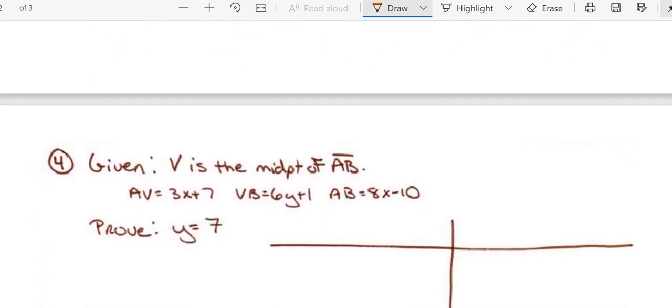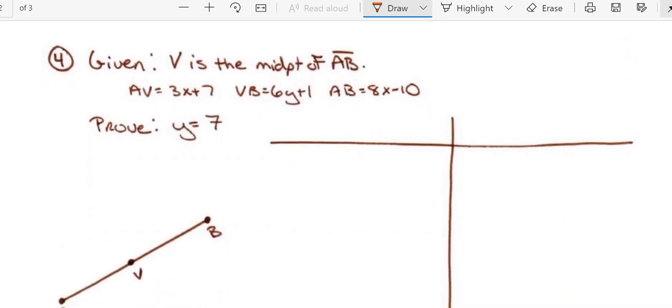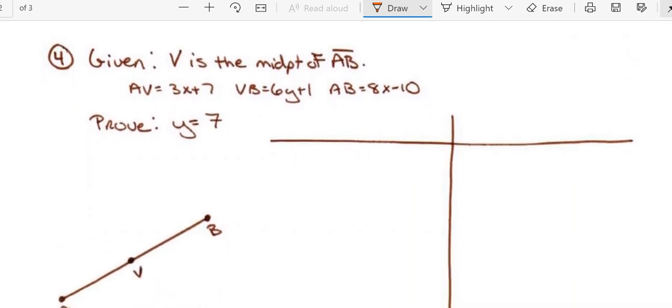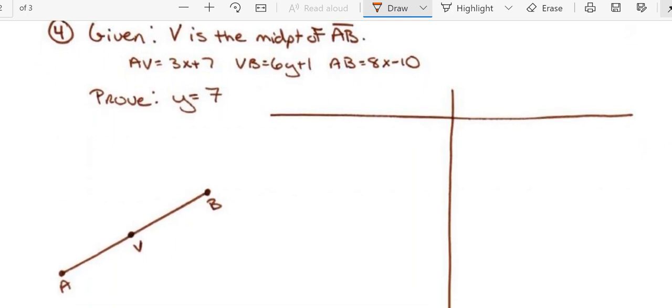All right. Next one, number 4. It tells you here that V is a midpoint. By knowing it's a midpoint, you should immediately know that these are going to be congruent. So this is our statements and reasons. Sorry, I'm putting my line for the given in the wrong spot. This is my given.